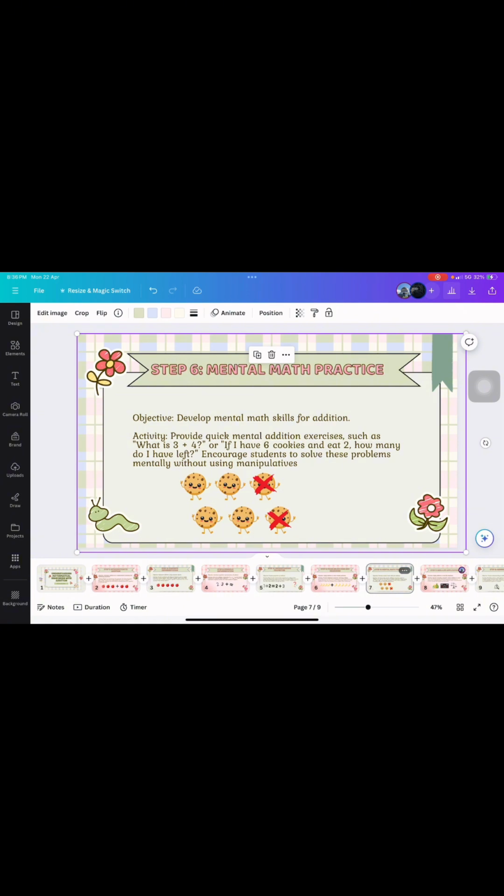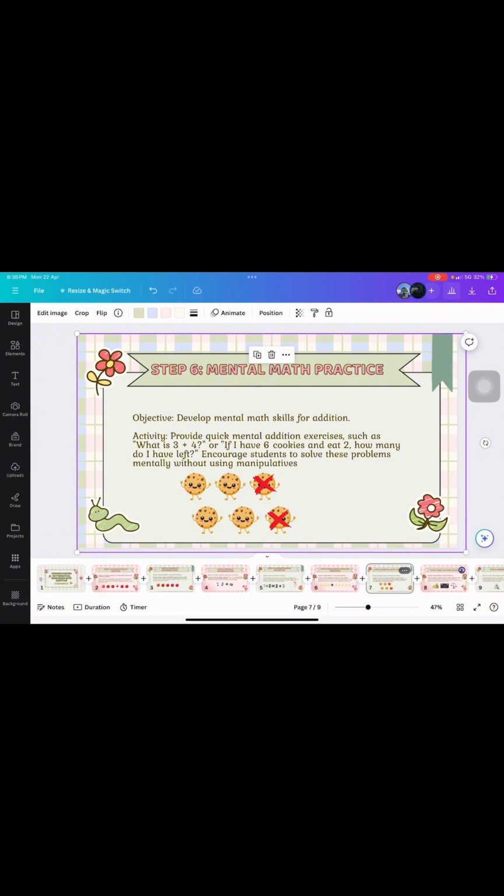Provide a brief moment for students to mentally calculate their answers. Encourage them to use strategies such as counting on from the larger number or breaking down numbers into smaller, more manageable parts. After a short pause, invite students to share their answers with the class. Encourage them to explain their thought process and how they arrived at their answers.